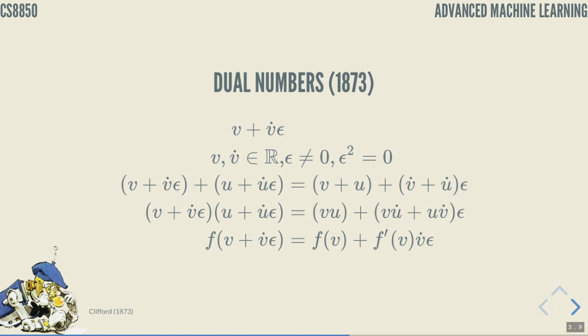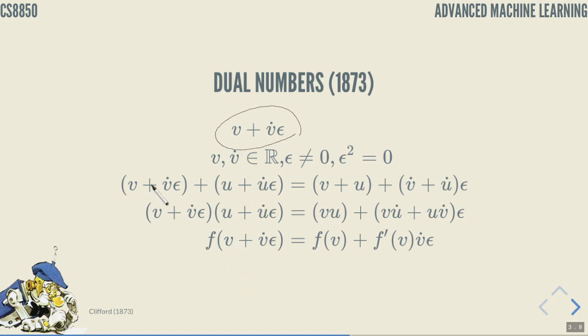But now here's an interesting curiosity, or amazing ingenuity. Clifford in 1873 introduced something called dual numbers. Now you represent your number as the sum of your number plus the derivative times an epsilon. As long as epsilon is a non-zero number and has the property that when you square it, it equals zero, the following operations are possible and the results are amazing.